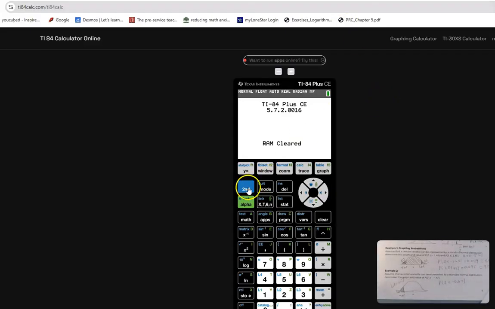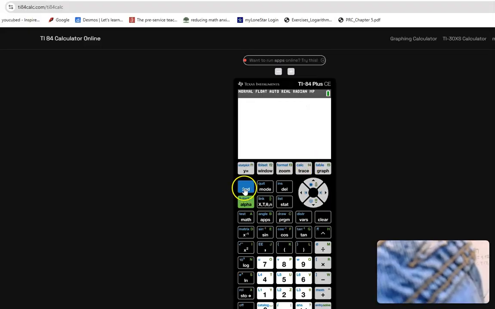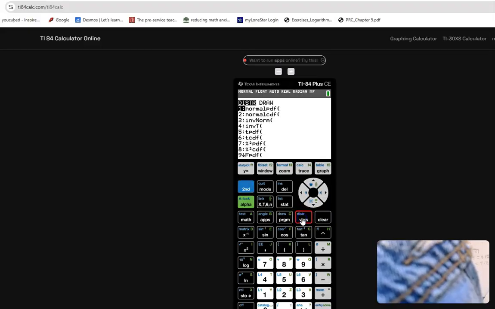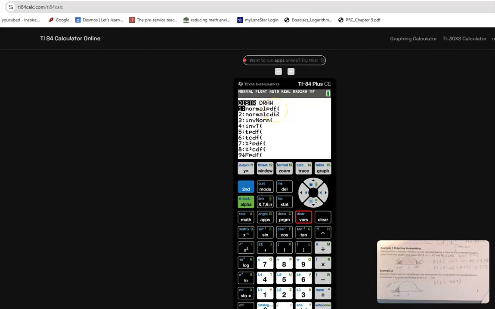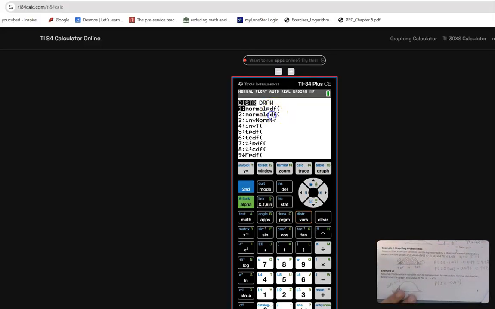So second distribution is what we're looking for. Looks like it is hiding under the vars button. So second vars is really what you're looking for. And under distribution, again, don't use the PDF. We're going to use the CDF, so we want number 2.